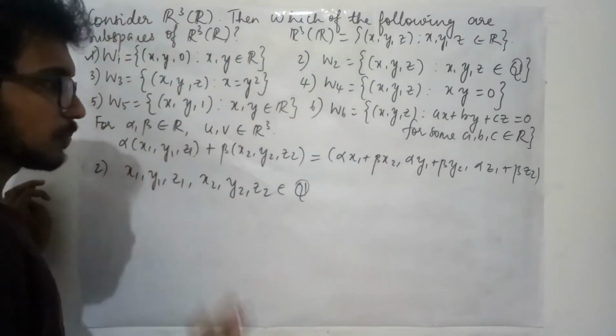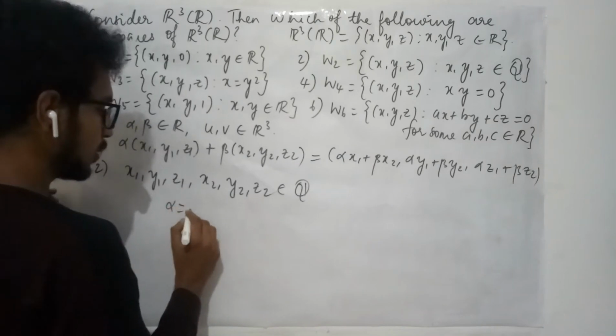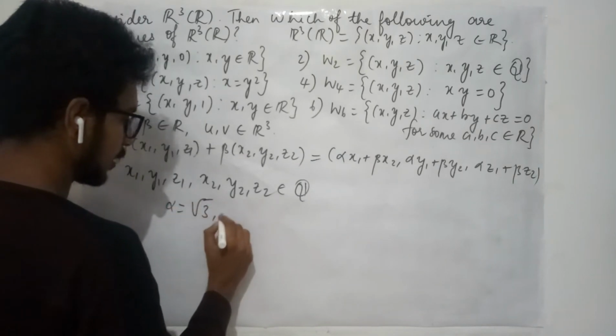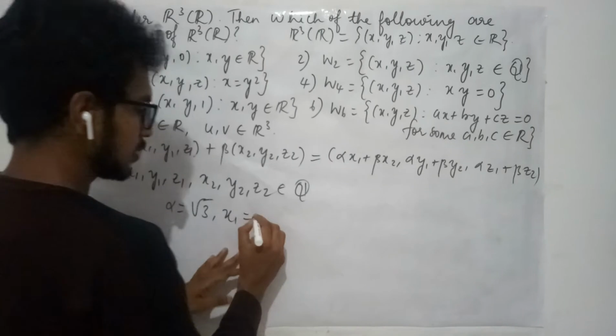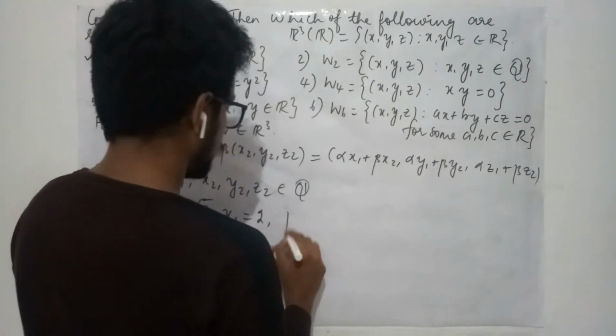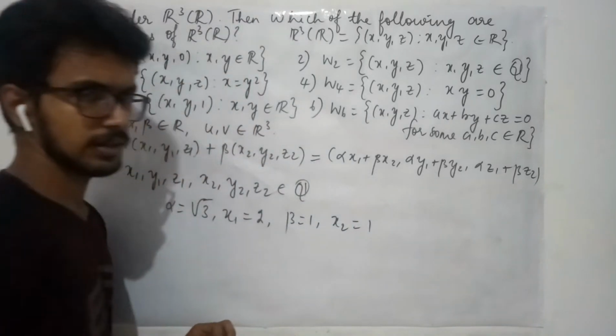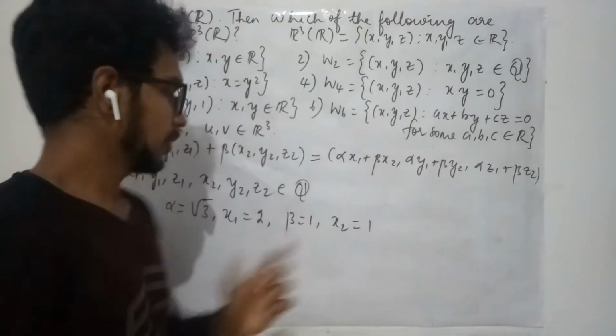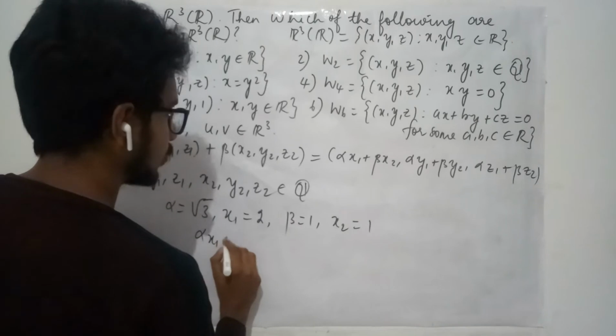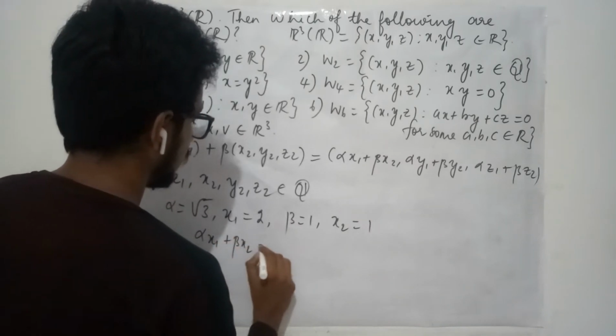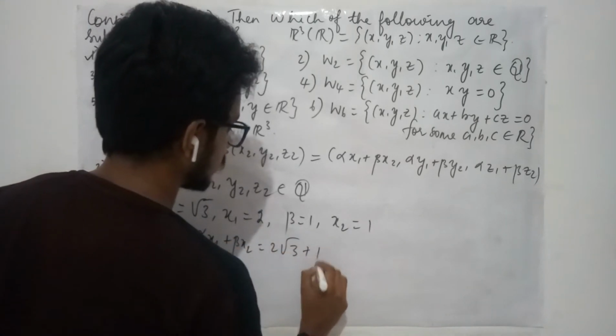Now let me choose a particular case. Let me choose alpha to be root 3 and x1 to be 2, right? Beta to be 1 and x2 to be 1 as well. So here what am I going to get? Alpha x1 plus beta x2. Here I will get 2 root 3 plus 1.